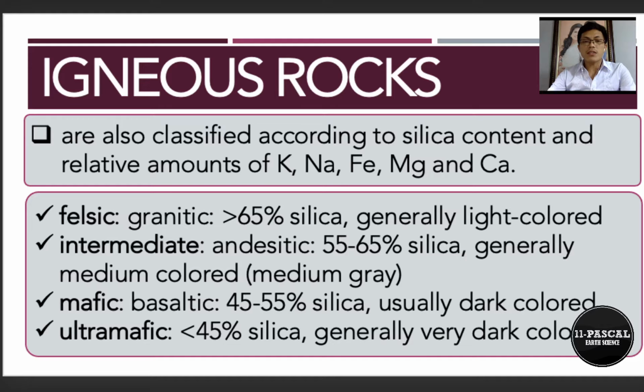Felsic rocks are granitic in nature. They are mostly feldspar, especially potassium feldspar, and at least 10% quartz and less than 15% mafic minerals.